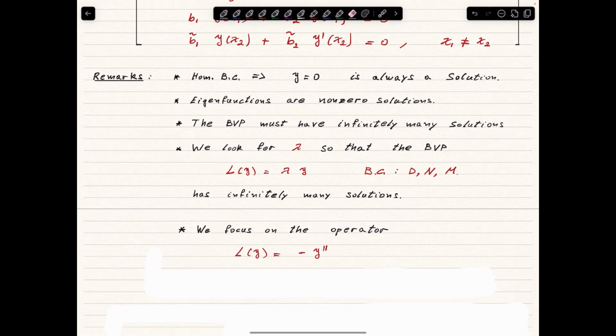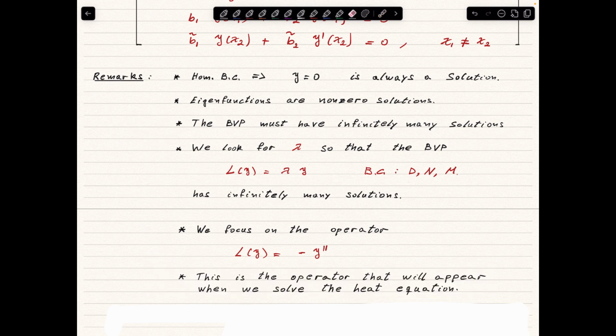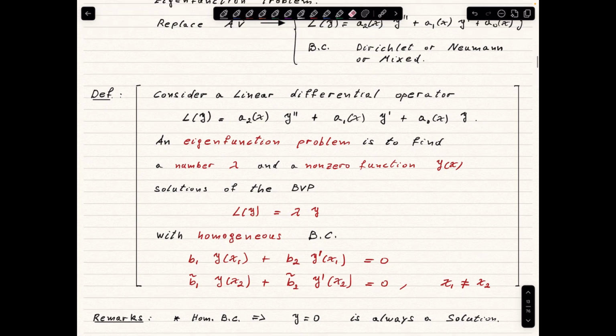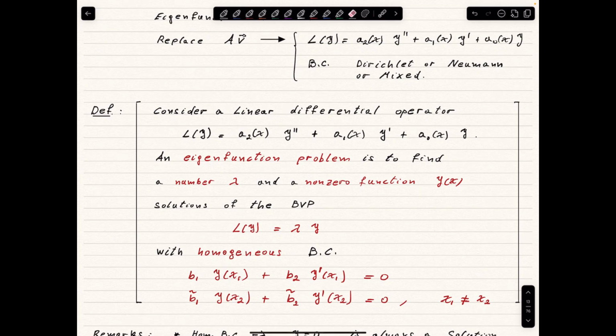Now, the eigenfunction equation is very complicated for general operators L like we defined above. Here in this video we are going to focus on the simplest possible operator, which is essentially the second derivative of y. Why do we focus on that operator only? Essentially we are making this coefficient 0 and this coefficient 0, and this coefficient is -1.